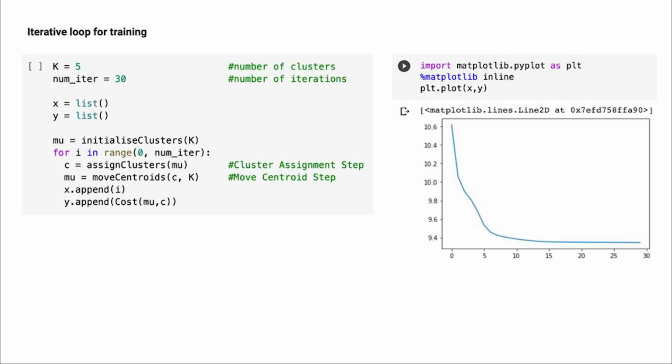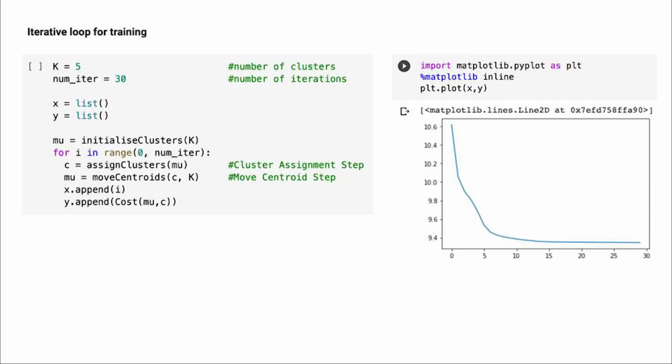And we run the loop for the number of iterations, which is 30. What do we do in there? First of all, we do the cluster assignment step. We assign every training example the nearest cluster, and the indexes of those clusters we store in the list named C.